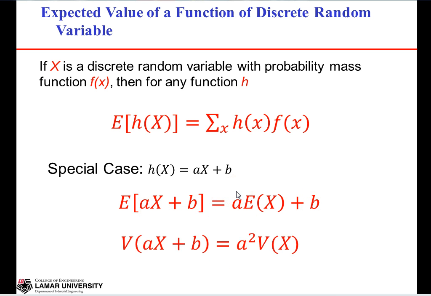For the variance of the same function ax plus b, the variance has nothing to do with the constant b, but it is equal to a squared multiplied by the variance of the original variable x. And the specific example will be illustrated in the next session.